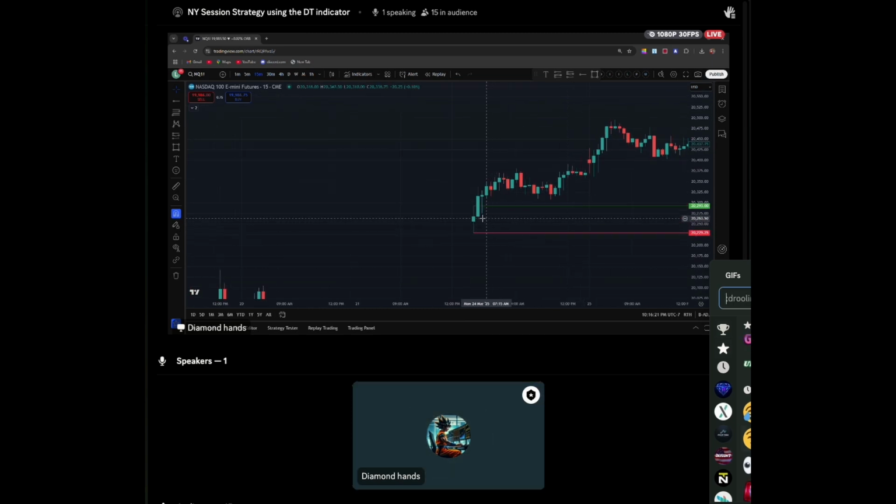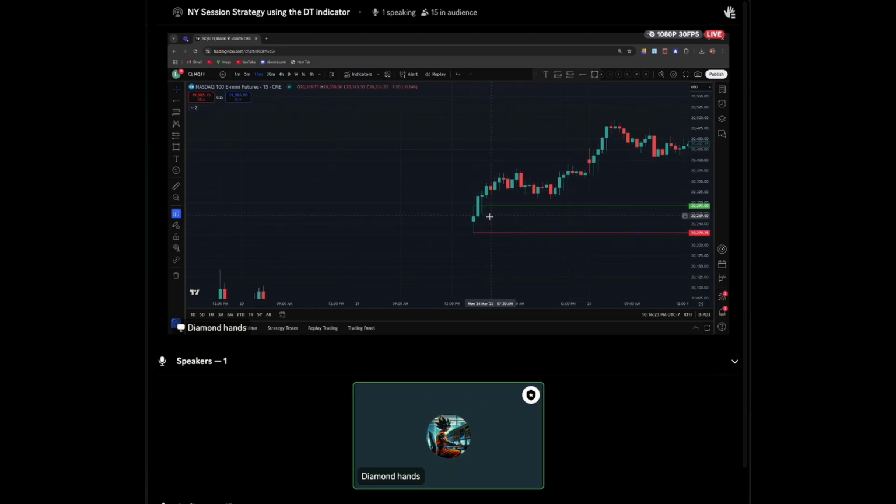All right, so technically you want this to break out, come back and retest the high of this opening range breakout on the 15-minute. And you'll get your entry right here, and after that you're gonna enter with good risk management. If this is a long entry, you want to take it to maybe a supply zone.